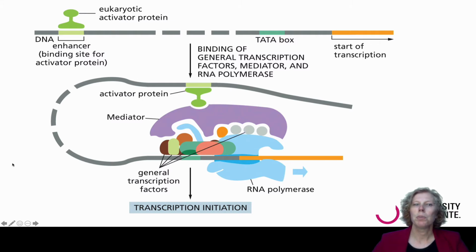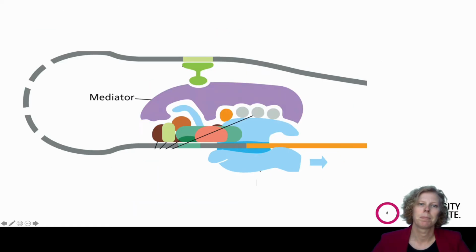The DNA loops so that there's contact between the activator and the transcription initiation complex that is bound to the promoter. Here you can see that a large protein complex called mediator in purple serves as a go-between. The broken stretch of DNA signifies that segments of DNA between the enhancer and the start of transcription vary in length, sometimes reaching tens of thousands of nucleotide pairs.